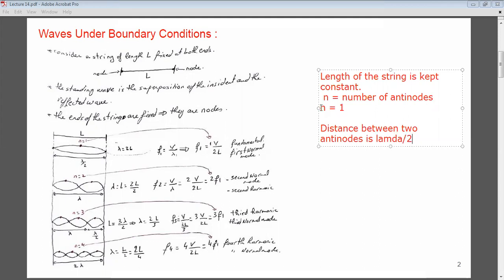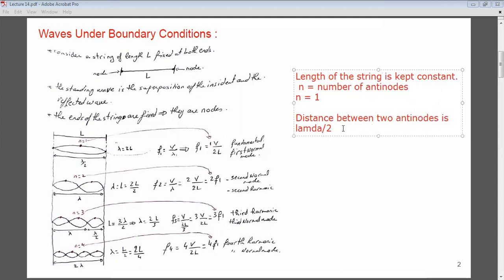This we discussed last time. The distance between two antinodes is lambda over 2, and also the distance between two nodes is lambda over 2.